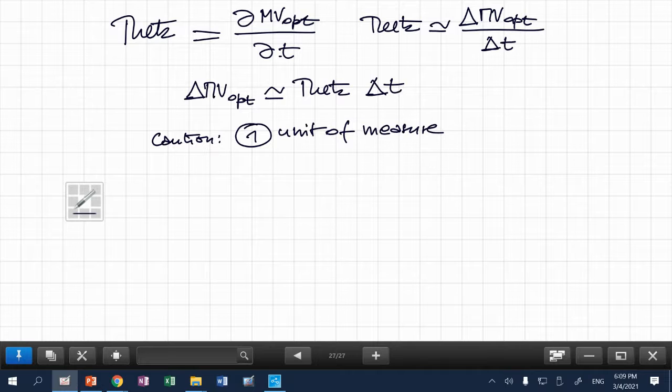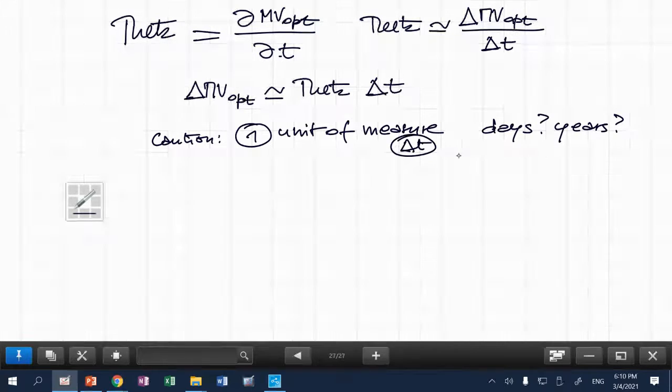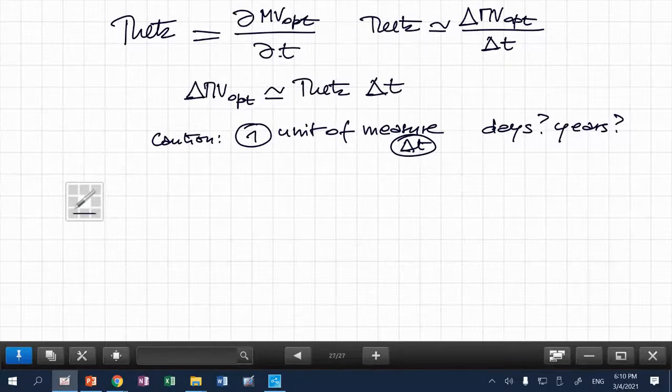The first question is understanding whether it's measured having delta t measured in days or years. So the problem is how you measure delta t, because of course a 0.13, if delta t is measured in years, is totally negligible. 0.13, if it's measured in days, is just a bit more, okay?